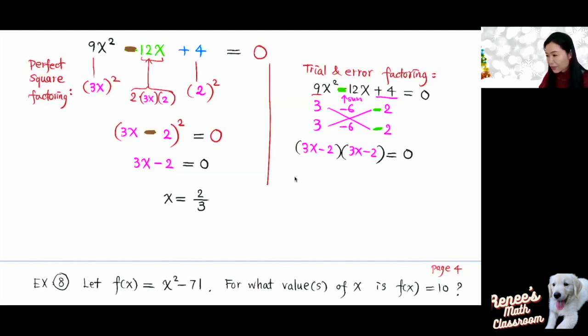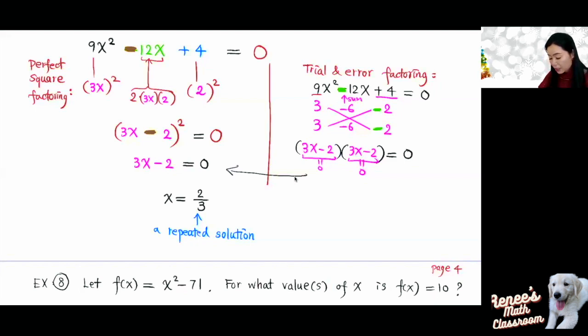However, we call this a repeated solution. Why is it called a repeated solution? If you take a look on this side, these two multiply to get 0. It is going to be either this equal to 0 or this equal to 0. So again, you get back to 3x minus 2 equals 0.